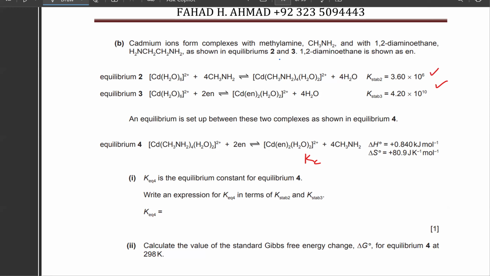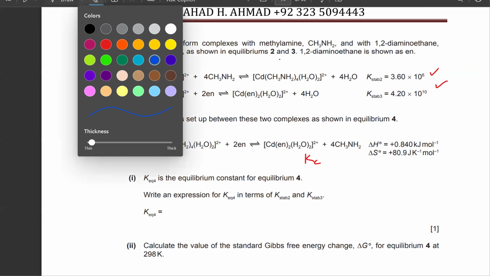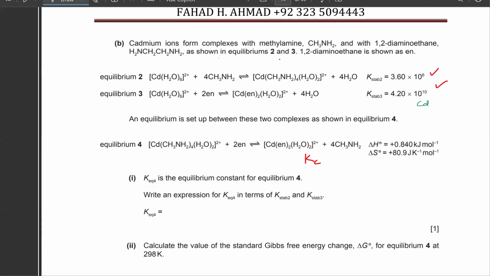It's Cd(en)2 (H2O)2 2+, the product concentration, divided by the reactant concentration, which is Cd(H2O)6 2+ and en, which is going to be squared. So that's the expression for the second one.